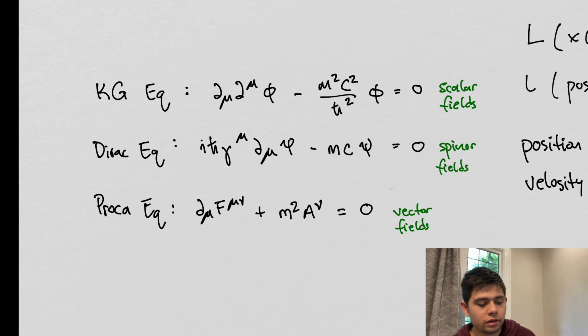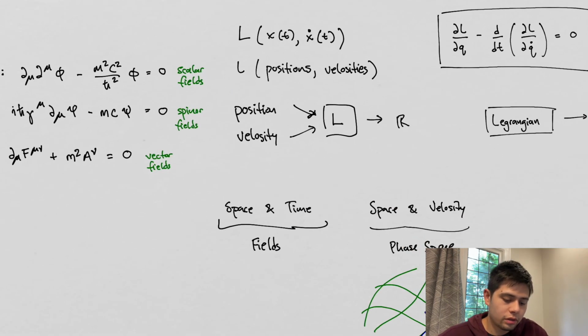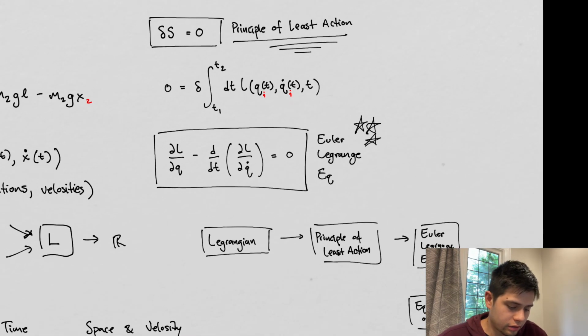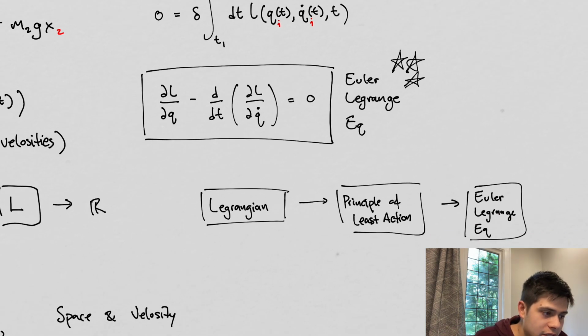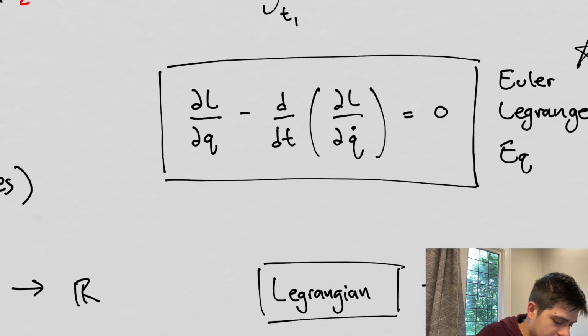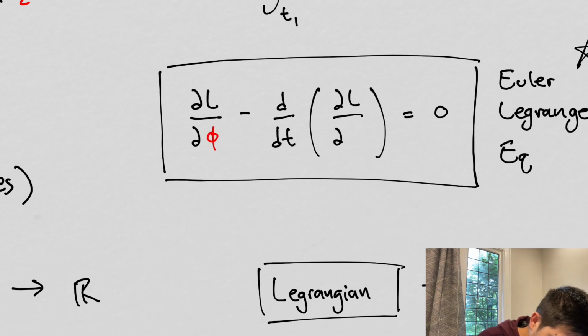Now, before I call it quits here, I'm going to go back to here. Here's our Euler-Lagrange equations. When we start talking about fields, we actually can replace q with phi, because that's the value in our fields.